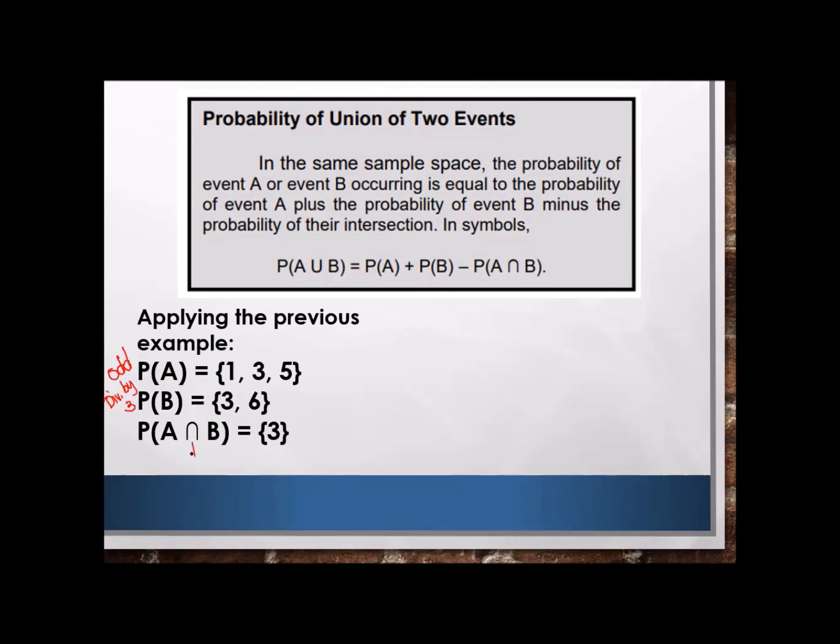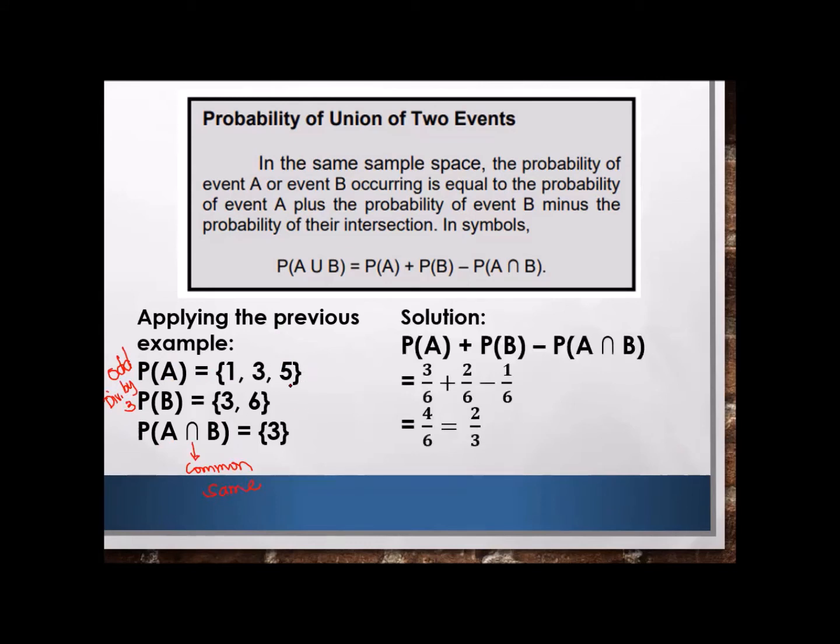At itong intersection, yan yung common or yung same na makikita dito sa probability of A and B. So, kung i-apply natin sa solution, 3 out of 6 ang probability of A kasi 3 ang elements, 2 out of 6 sa probability of B, and then ilan ang common nila? Isa lang. So, minus 1 over 6.